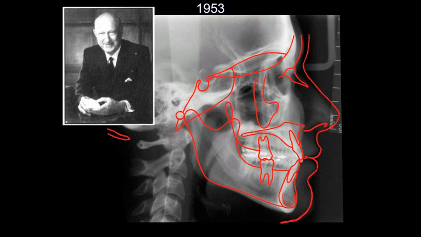And with people like Downs and Cecil Steiner, who you're seeing here, Cecil Steiner's paper, Cephalometrics for You and Me, really started to popularize cephalometrics. Now, this came in 1953, which was over 20 years after Dr. Broadbent introduced cephalometrics to the United States.